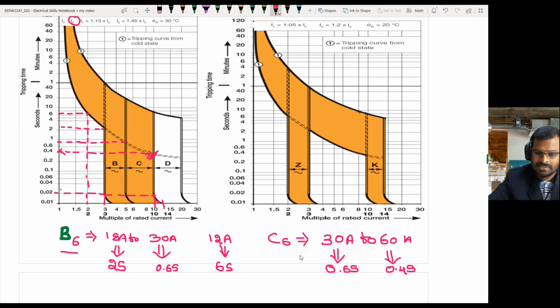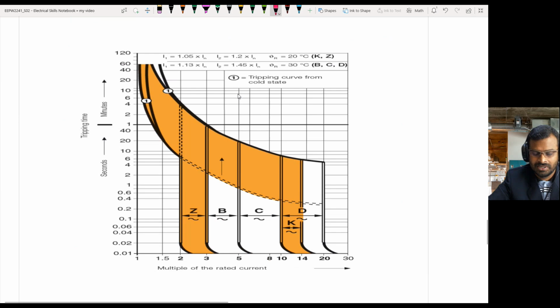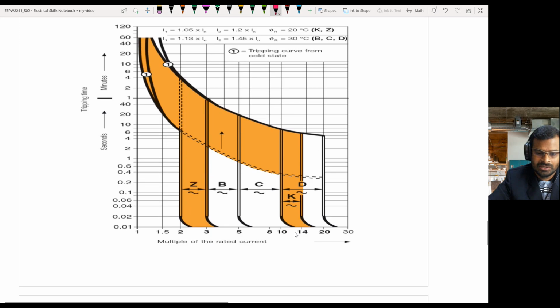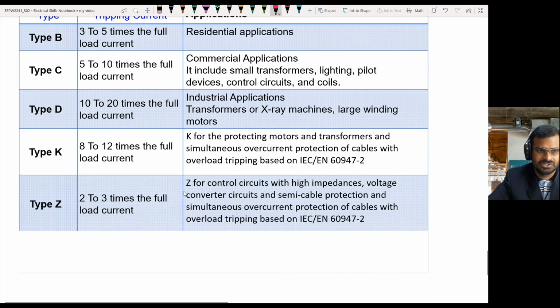Until which we can consider it as an overload, and after that it will be considered a short circuit. We have explained that, and this is an overall picture of the types of MCBs Z, B, C, D and K type, and we have seen also the applications.